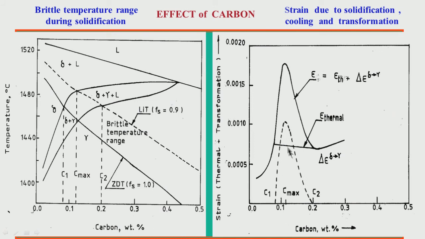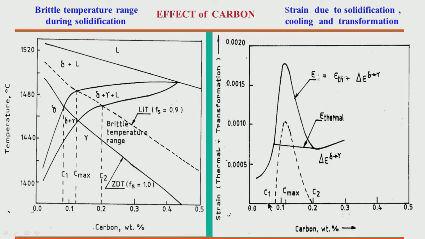this dotted line, you see the dotted line is maximum at C max. Why is it maximum? Because the entire delta to gamma transformation is taking place in this temperature, in the brittle temperature region. So, this has been plotted having a maximum value at C max. At C1 it is 0, at C2 it is 0.